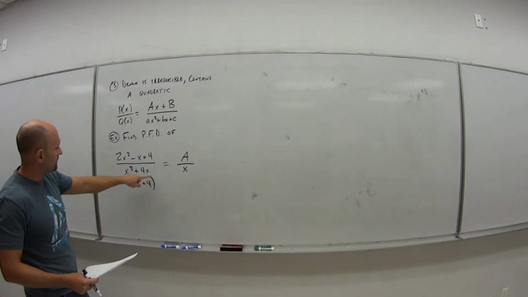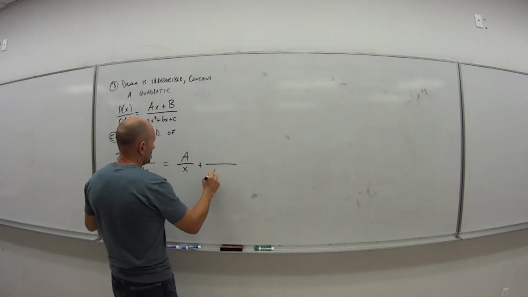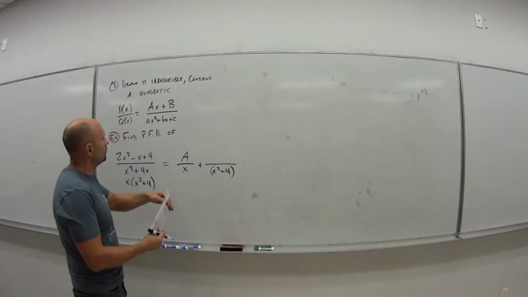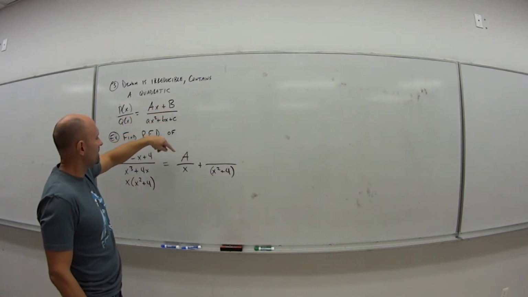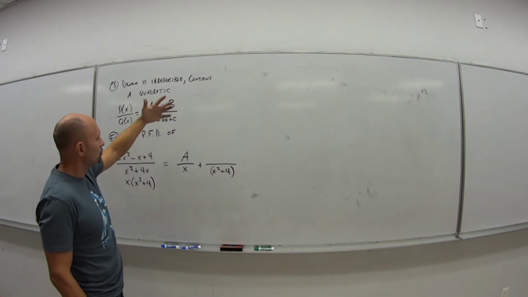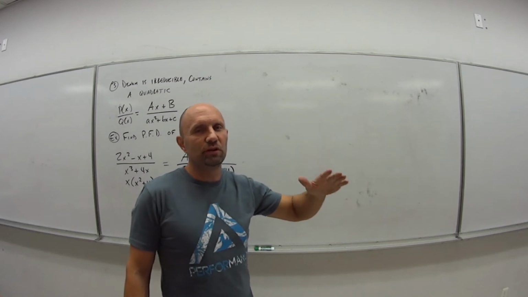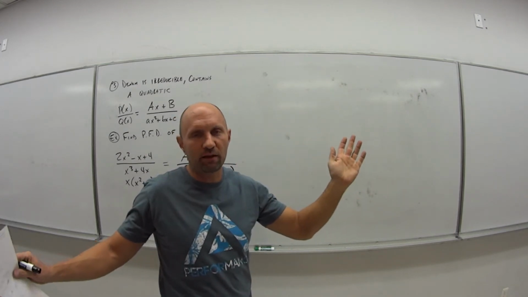Now I need to deal with the quadratic part. So that goes in the denominator, x squared plus 4. In the numerator, it gets what? It gets a linear, ax plus b. Well, I've already used a, so choose, and this is an important part, always choose different variables. If you do a1, a2, a3, a4, that's fine.